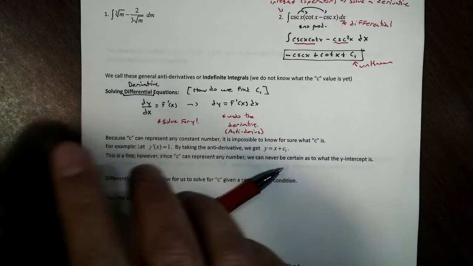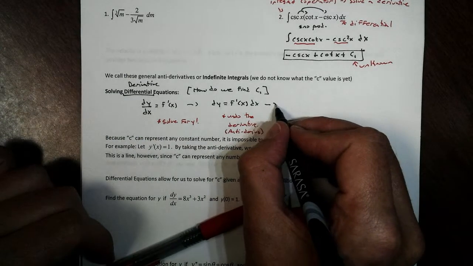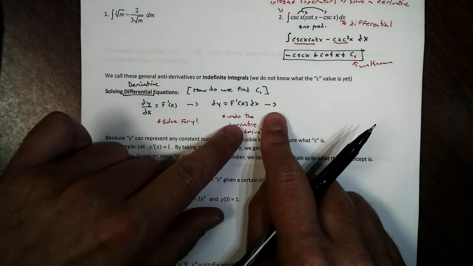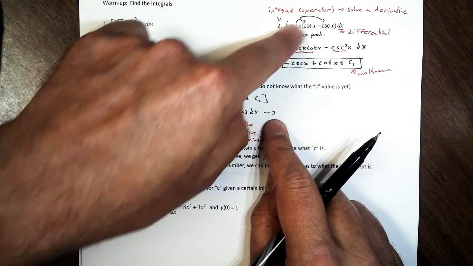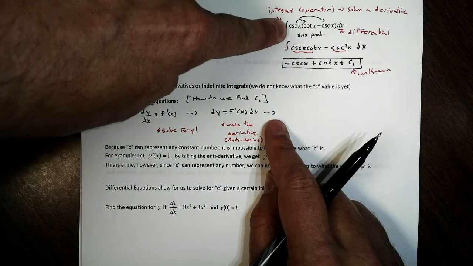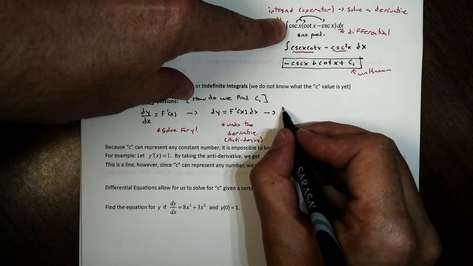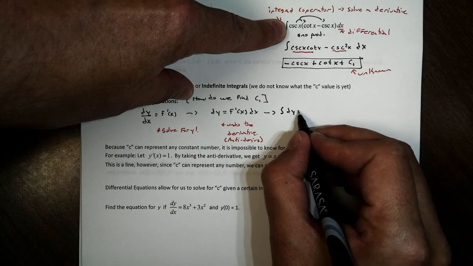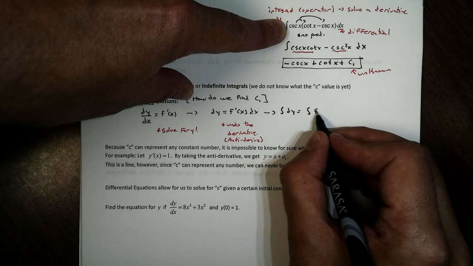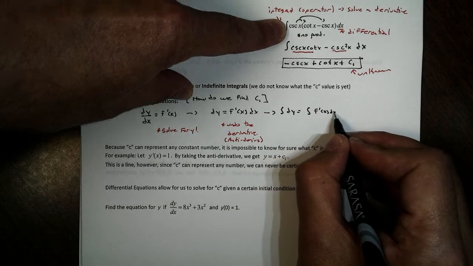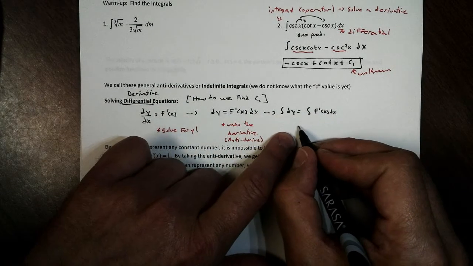We have a special symbol to represent that we're taking an antiderivative. And that's why we call this an operator up here. This integral sign is an operator. It's telling me I want to find the antiderivative of both sides. Golden rule of math: what you do to one side, you do to the other.